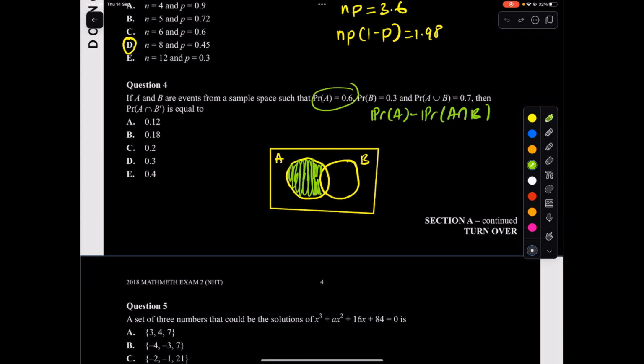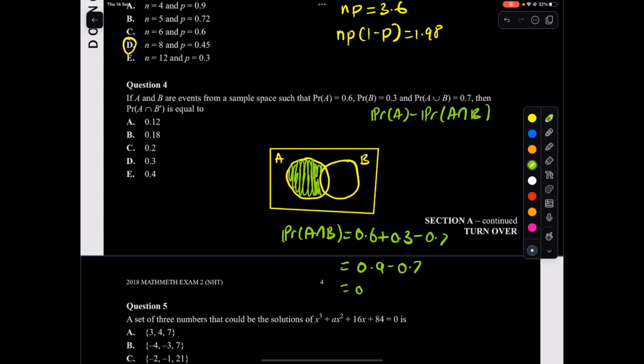So the probability of A intersection B is 0.6 plus 0.3 minus 0.7, which is 0.9 minus 0.7, 0.2. Now we have that, that's easy. Now, what's the probability of A? It's just 0.6 minus 0.2. That is 0.4. So, choose E as your answer.